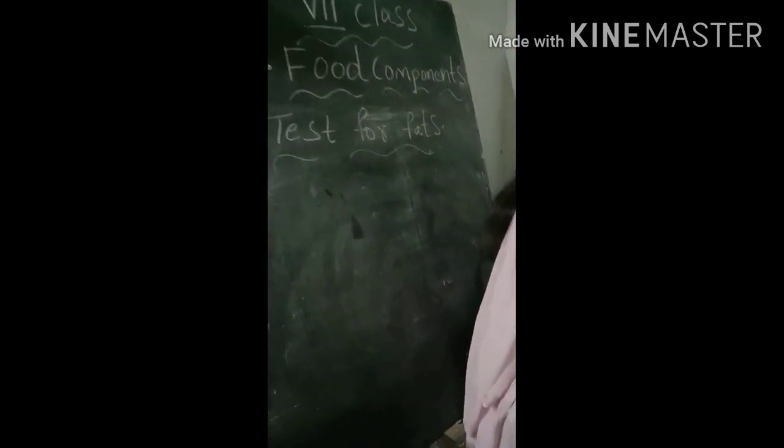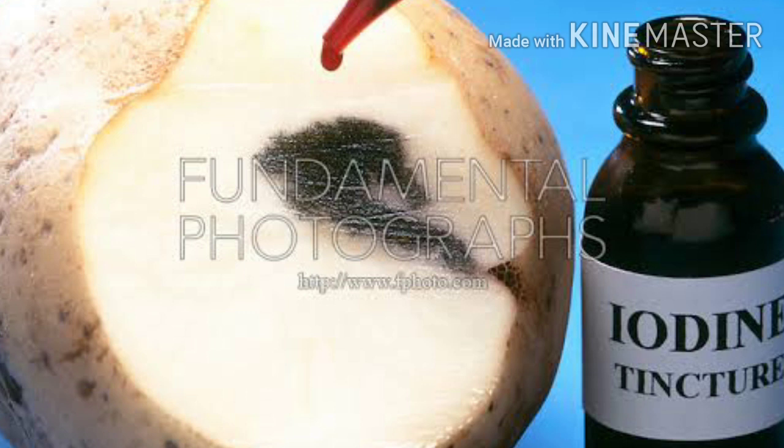Next, these are the three tests we have discussed up to now. First one is the test for carbohydrates. How can we say that carbohydrates are present in rice, wheat or sugar? If the substance changes into dark blue or black, it indicates the presence of carbohydrates in the given sample.